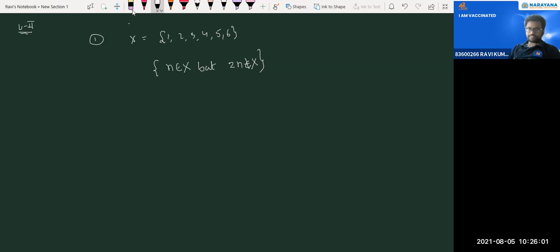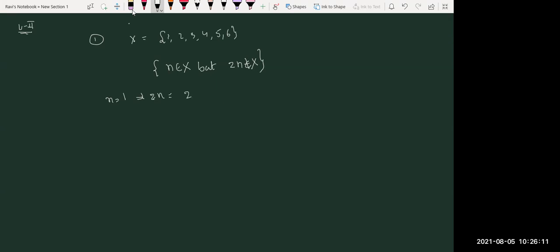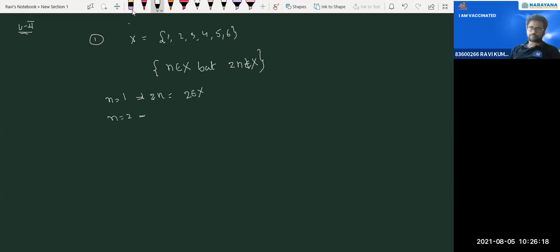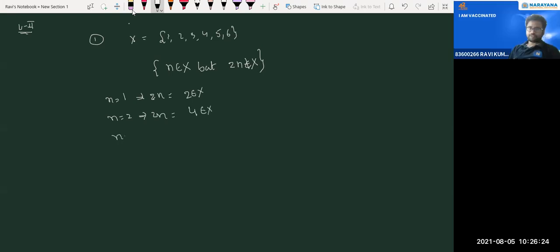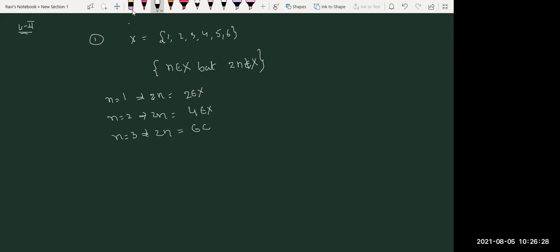Suppose x is any number. If you take n equal to 1, what will 2n equal to? 2, sir. Is 2 there in the x set or not? If n equal to 2, 4. 4 is also there in the x set. N equal to 3, 6, also there in the x set.